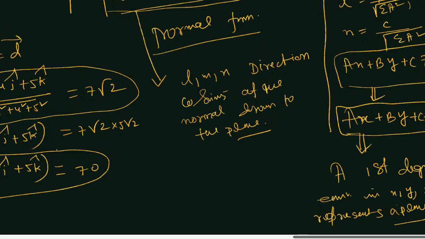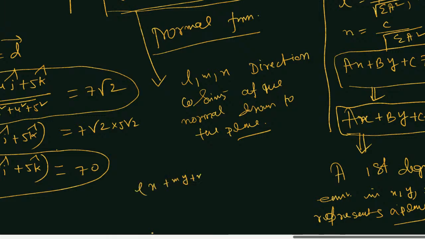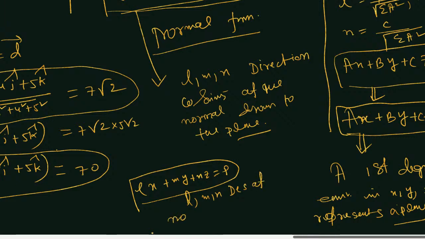If you want to express it in this manner, lx plus my plus nz is equal to small d, some books write this equal to p. Then this is the normal form, and l, m, n are direction cosines of the normal drawn to the plane.